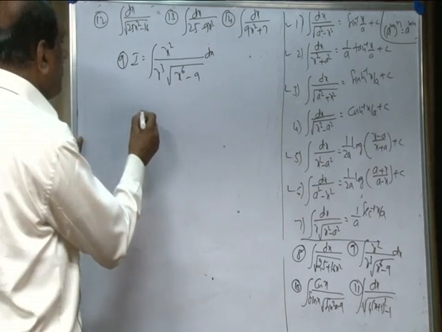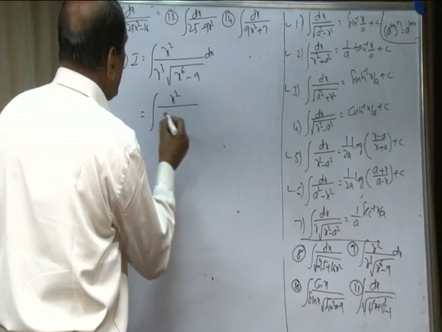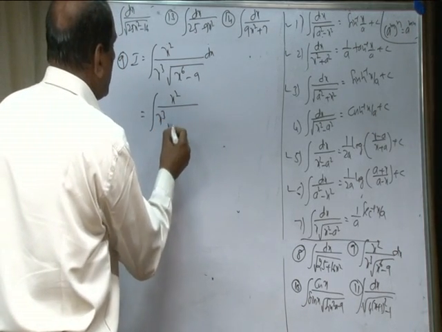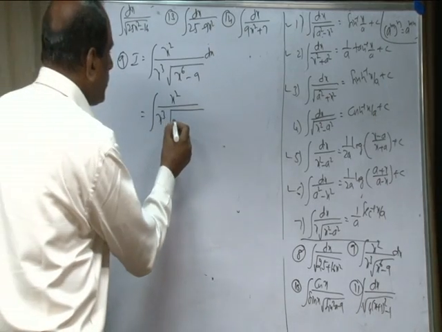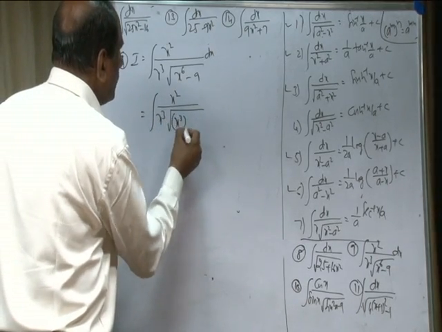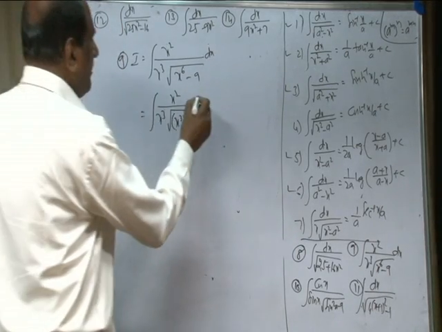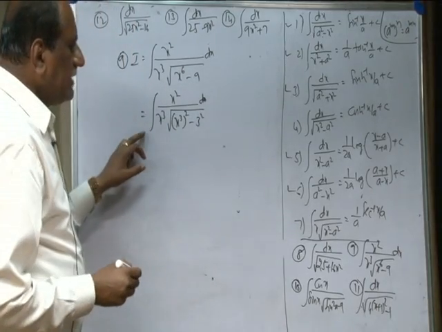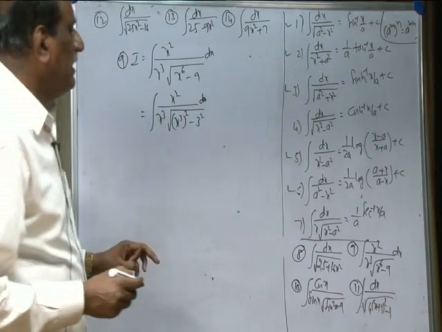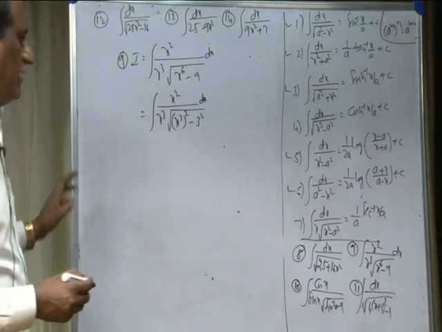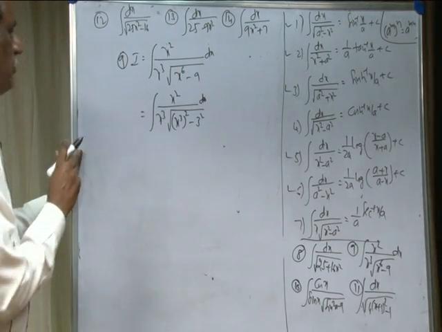So, this is equal to x squared divided by x cubed root of, x power 6 can be written as (x cubed) whole squared minus 3 squared, dx. To write this in standard form 7, x cubed is outside and only x squared dx is in the numerator. So, we can take the substitution for x cubed.